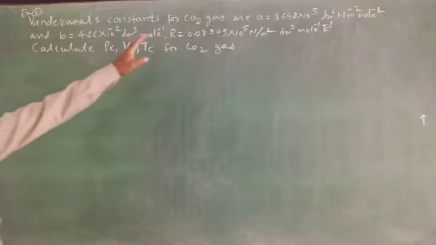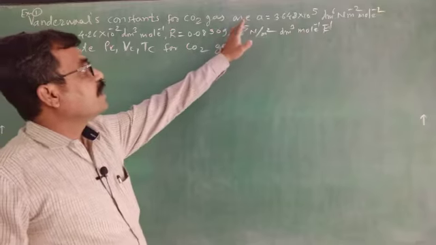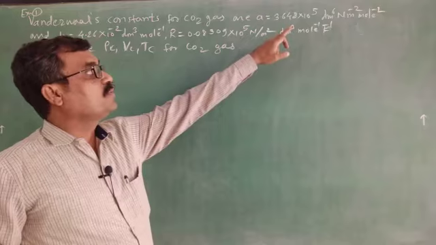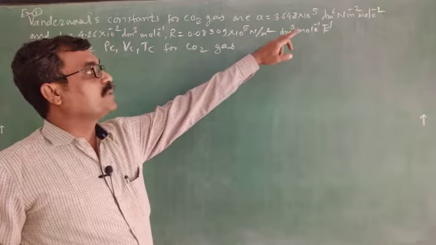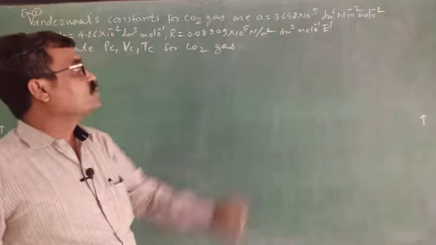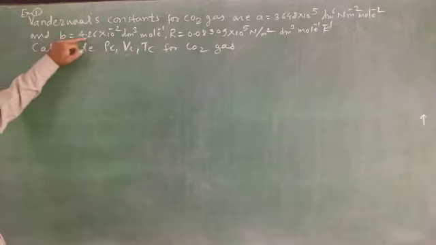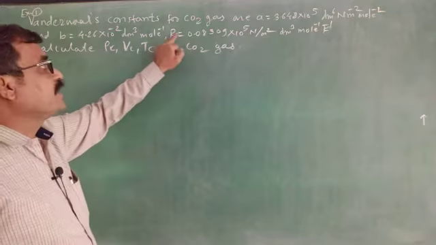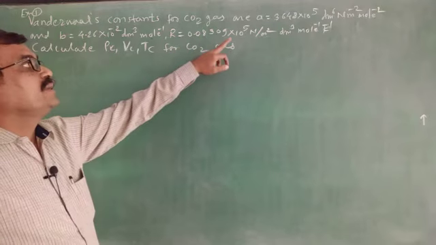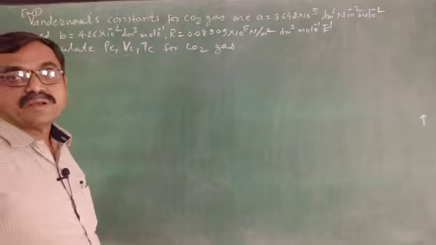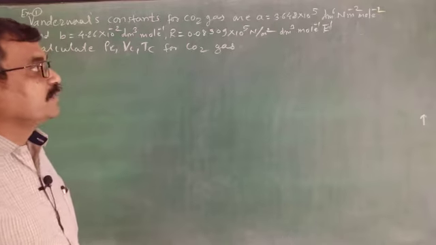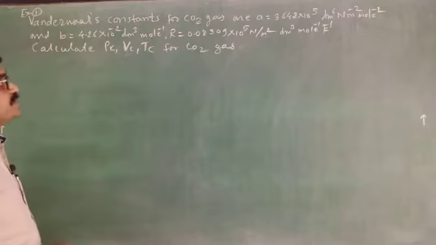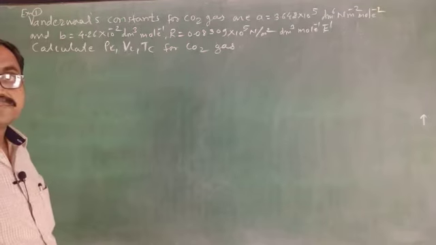Van der Waals constants for carbon dioxide gas are a equals 3.64 into 10 raised to power 5 dm^6 Newton per meter square mole raised to minus 2, and b equals 4.26 into 10 raised to power minus 2 dm cube per mole, and R is given 0.083 into 10 raised to power 5 Newton per meter square dm cube mole inverse Kelvin inverse. Now calculate PC, VC, TC for CO2 gas.